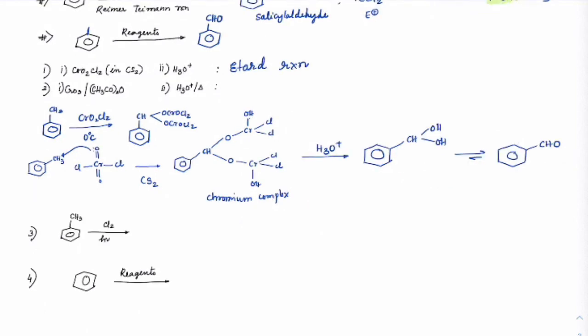Like I said, if it was taking place in acidic medium or in aqueous solution directly, if CS2 is not given, directly acidic medium is given, right, then it will go up to, suppose if this was directly given as H3O plus, then the complex which is formed may be 3 of them.